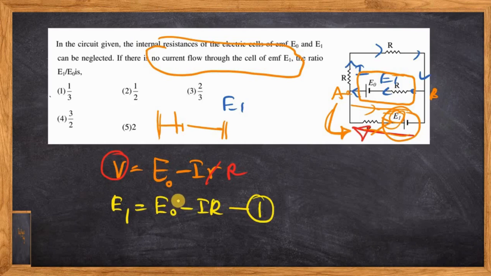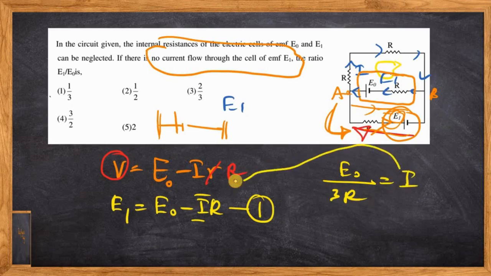We have an equation. Now if we can find this I value, we can substitute it. We can apply Kirchhoff's law to this loop. So E0 divided by the total resistance 3R has to be equal to I. Let's apply that value over here.